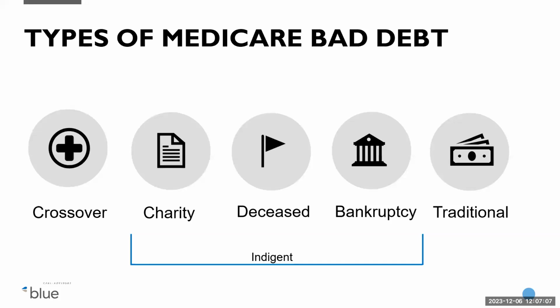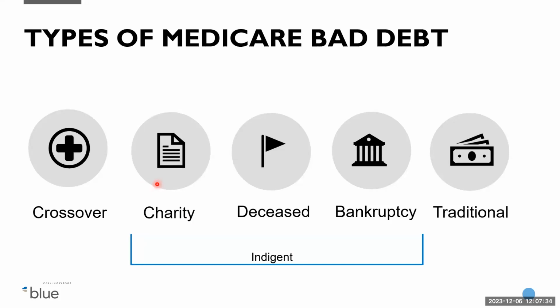So I'm not going to go into the details of all the different types of bad debt, but I did want to just give one slide of, hey, here's the 5 types of Medicare bad debt that hopefully you're claiming at your facilities. So the first one is going to be crossovers. These are going to be Medicare patients that cross over to Medicaid. Then you've got your charity patients. These are patients that come into the hospital, fill out a charity application.